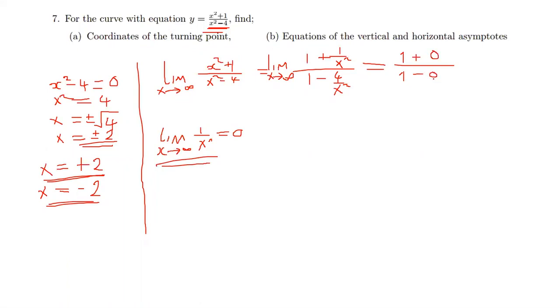So when you simplify, you just get 1. In short, the horizontal asymptote is y equals 1. So this is going to be our horizontal asymptote.